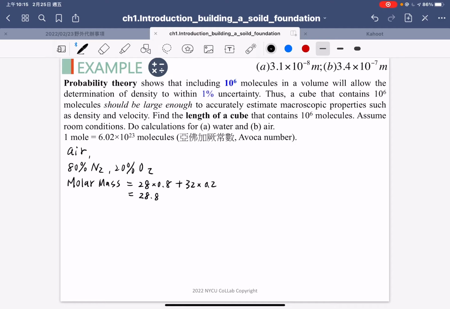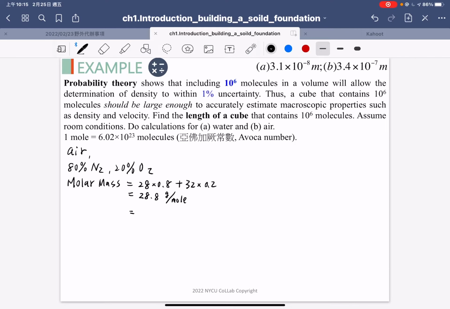The answer for the molar mass of air is 28.8. The unit here is g per mole. And usually we convert to the kg unit.